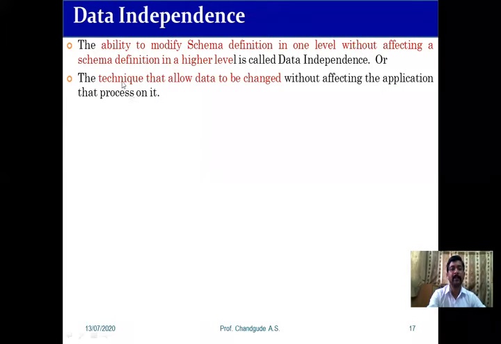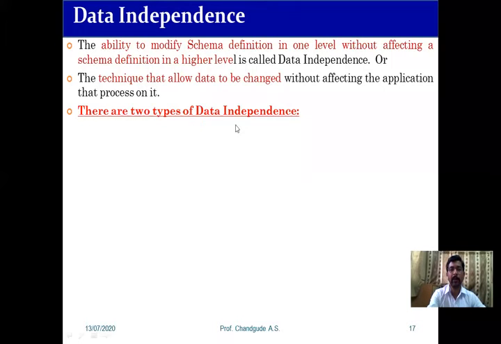Means the techniques that allow data to be changed without affecting the application that processes it, without interfering or disturbing the next level's task. All these things happen independently, which is called data independence.